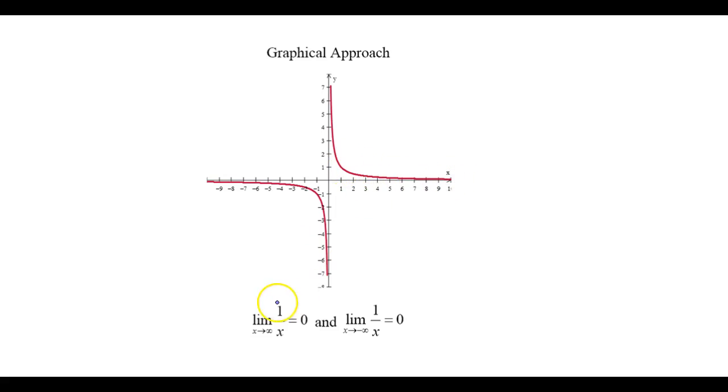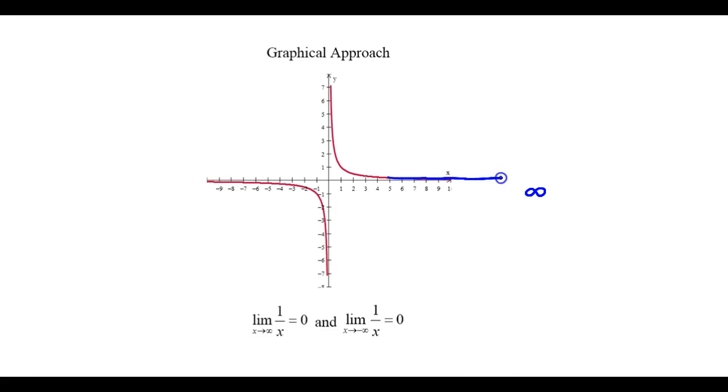If we were asked to analyze the limit as x approaches infinity, here's the x-axis, the horizontal axis. Where is infinity? Positive infinity is way over here. What we want to do is trace the function and ask, where is the function headed as I move towards positive infinity?